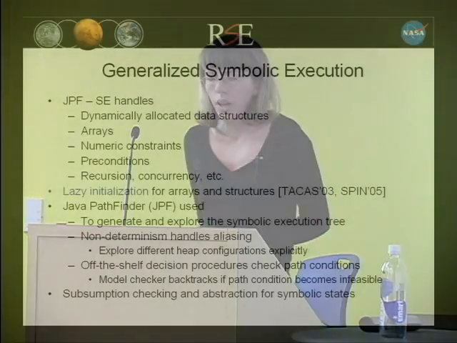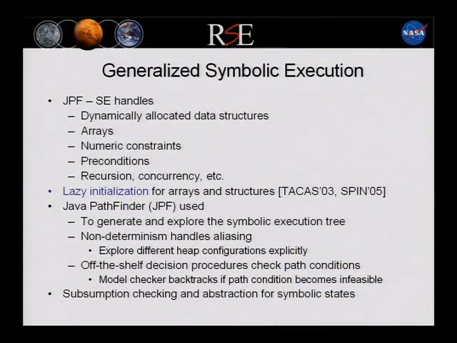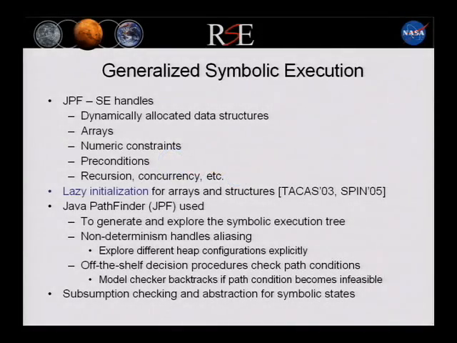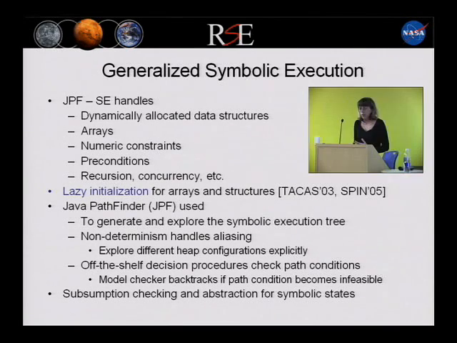So now, as I said, symbolic execution traditionally worked for scalar data, and it usually has a problem with concurrency. And what we have done, among other people, was to generalize it to handle, besides integers or reals as inputs, also data structures.